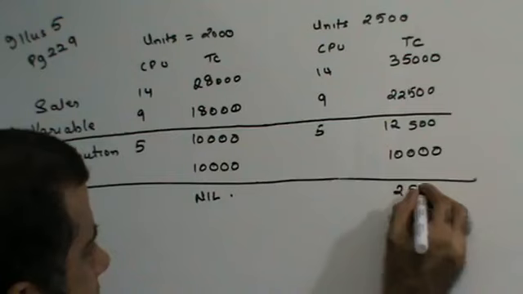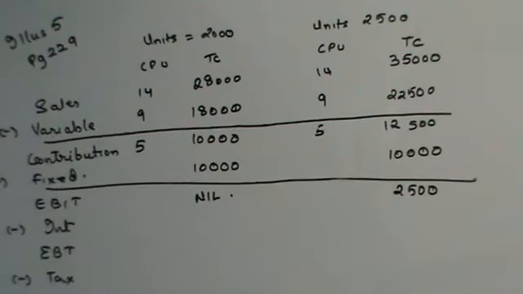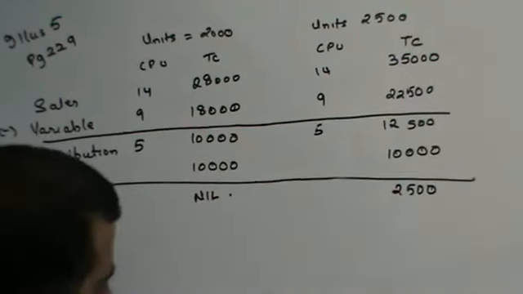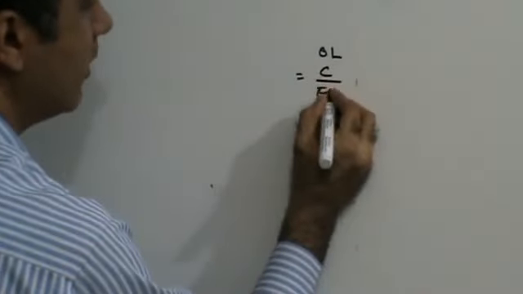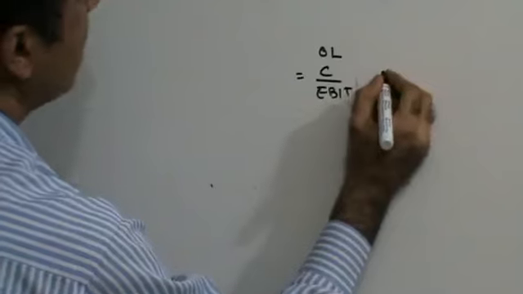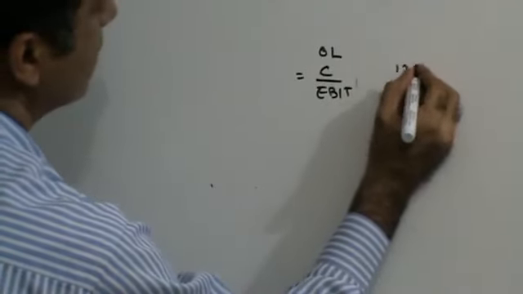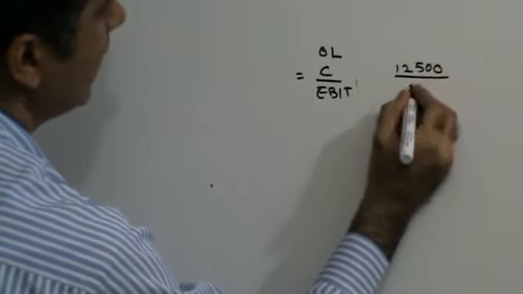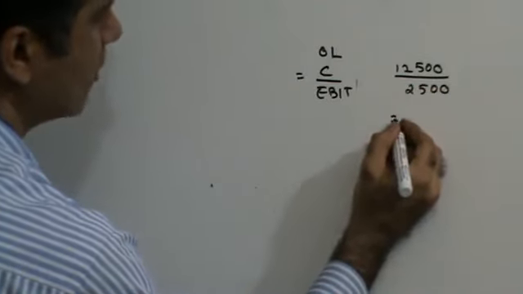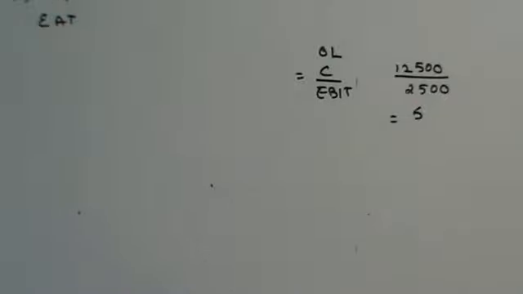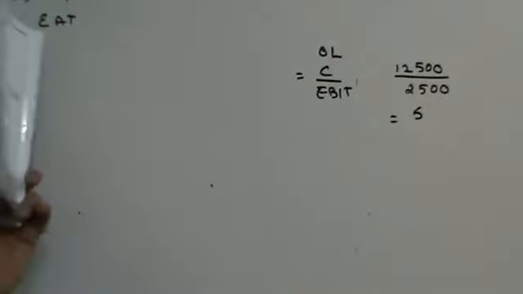Hence your profit will be 2,500. They have only asked you to find out operating leverage. Operating leverage is C upon EBIT. C we calculated is 12,500. EBIT is 2,500. So operating leverage for 2,500 units is going to be 5. It's an extremely leveraged company, which is not very good news for the company.